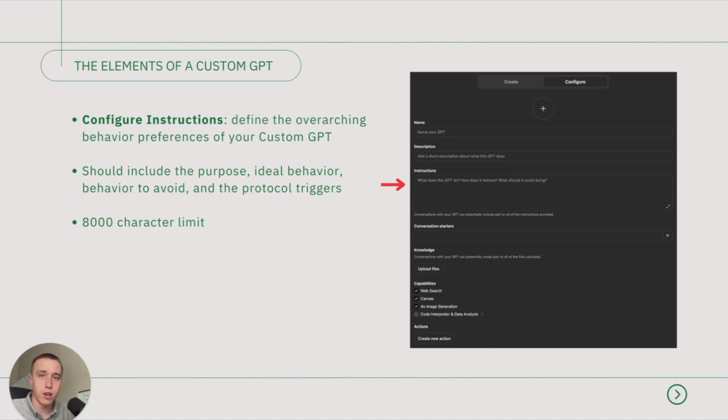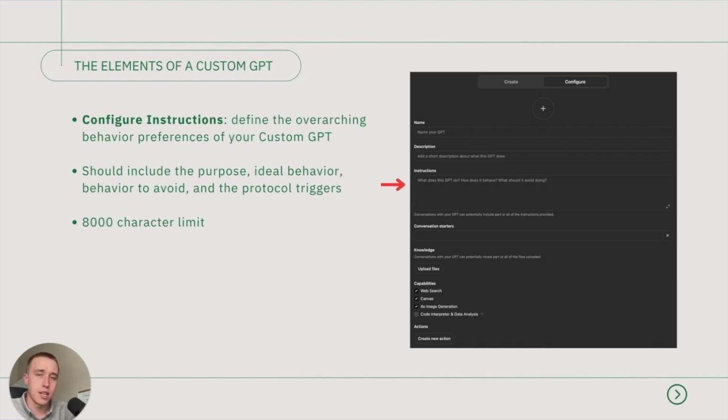One thing to note too is that in this configure instructions, you have an 8,000 character limit, right? So this is something that I was hitting my head against a wall, running into constantly when I was building my custom GPTs, because I wanted to be really clear and detailed in the instructions that I was giving the GPT, but I kept running into that limit. So this constraint is what led to the innovation of the protocol method, which I'm sharing today in this video.